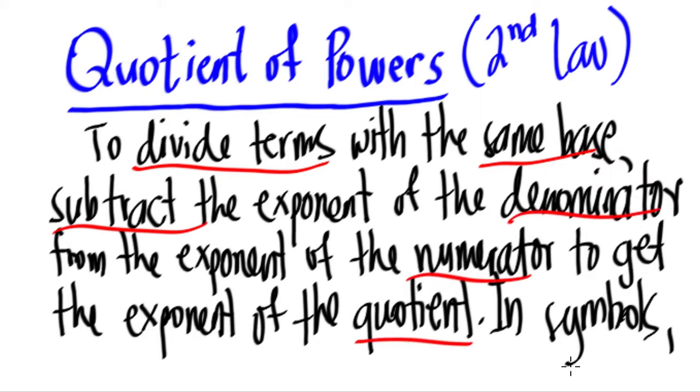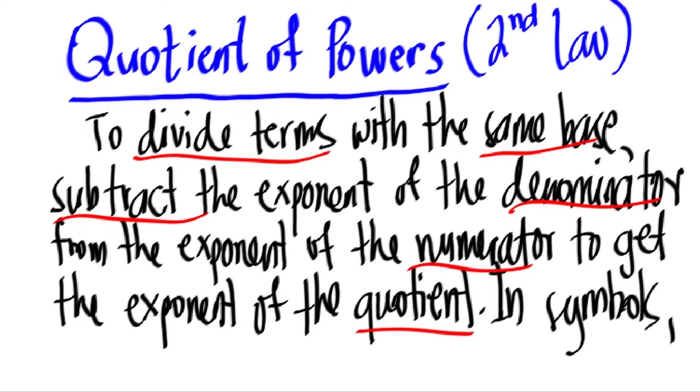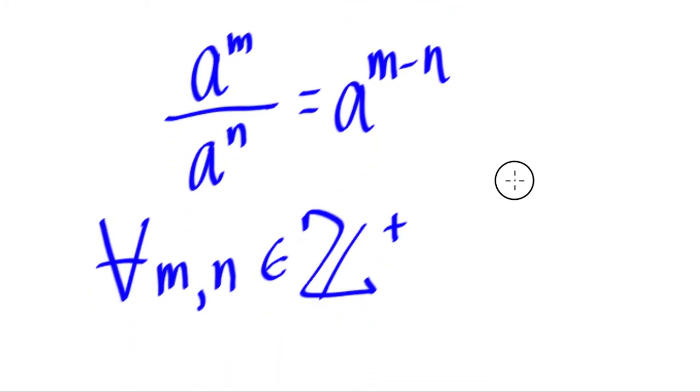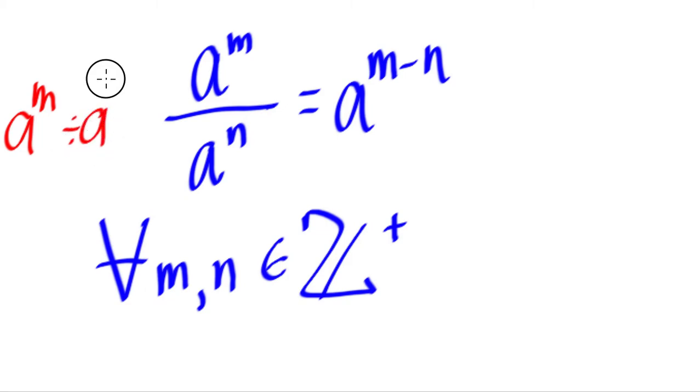In symbols, we write it as this: a raised to m divided by a raised to n. If you want, you can write it in the conventional manner: a raised to m divided by a raised to n. It's just the same thing.